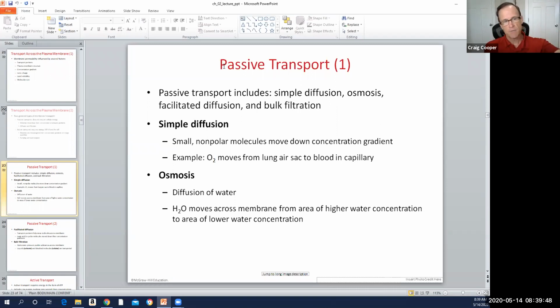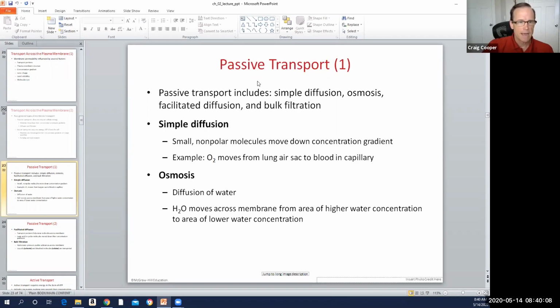So if we have a lot of stuff outside, let's let that stuff in and create some balance. Now, if it's a bigger molecule, we might need to have one of those gates open up to let it come in. But the term passive in passive transport means that it doesn't cost the cell any energy.